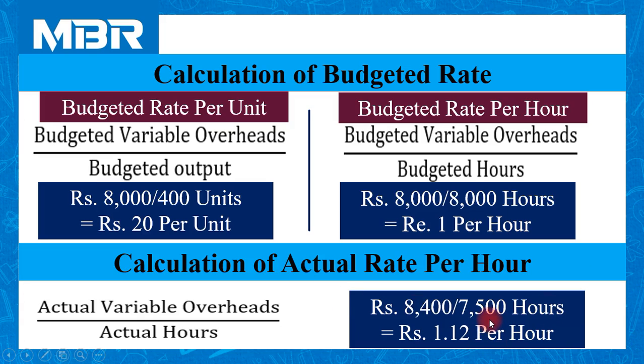And actual working hours are also given in the question in clear-cut form, 7,500 hours. So it is rupees 1.12 per hour. In this way, we have completed three most important pieces of information: budgeted rate per unit, budgeted rate per hour, and actual rate per hour.